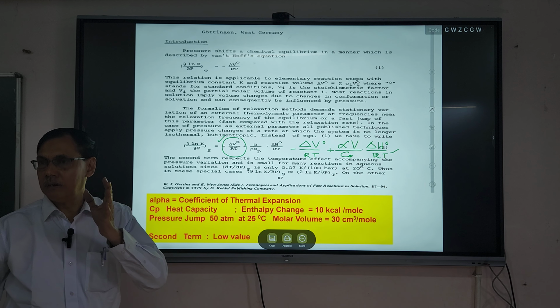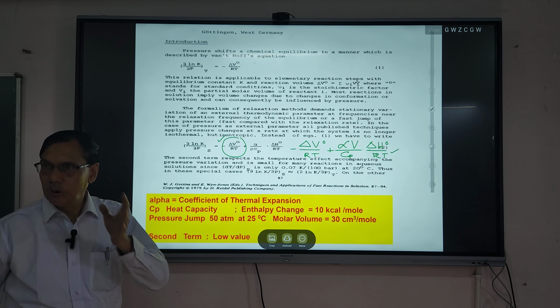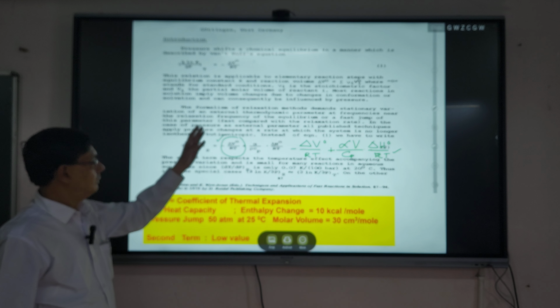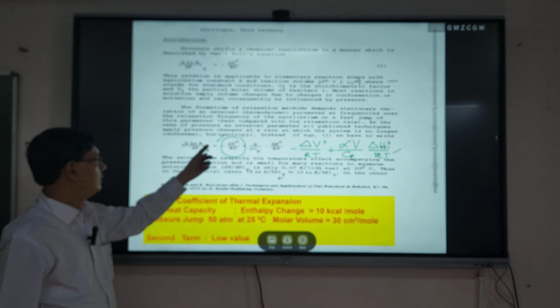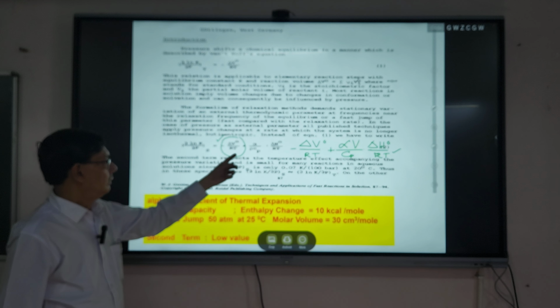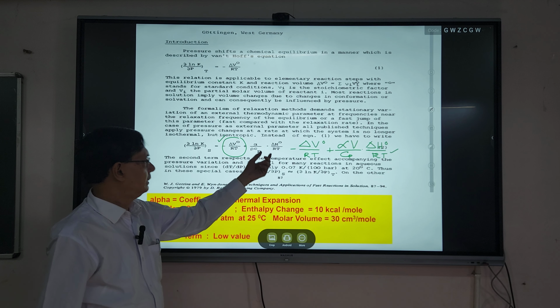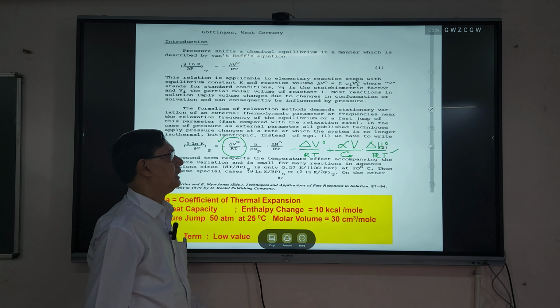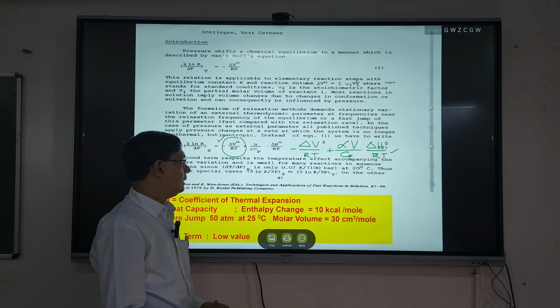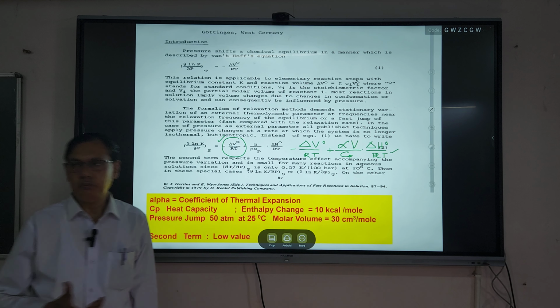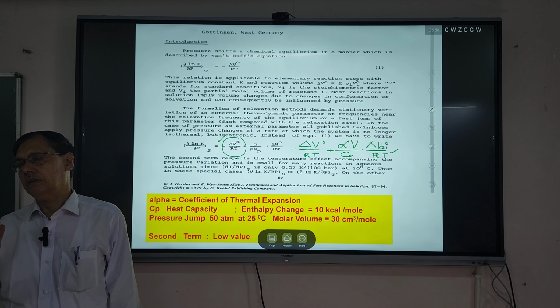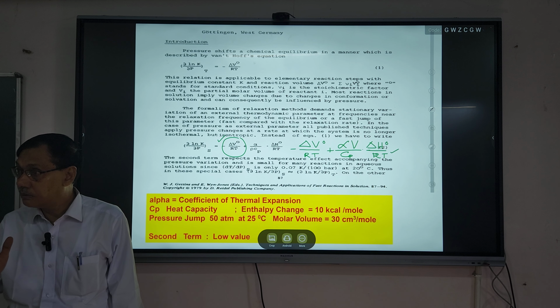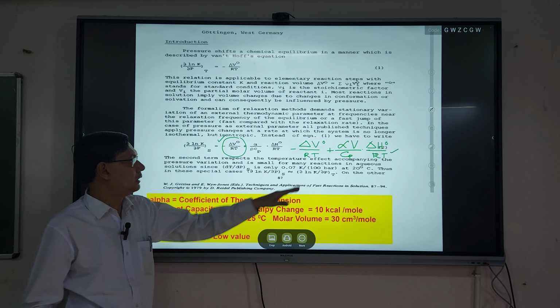So what is the basic theory behind the pressure jump method? You must write this formula. And you can also mention that yes, we must consider the coefficient of thermal expansion as well as the change in enthalpy, but their values are very small in comparison to this. So therefore only this part.